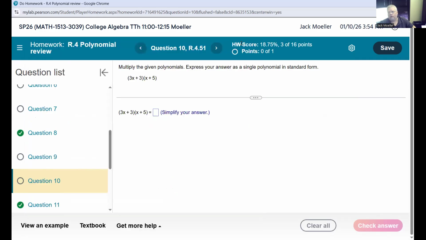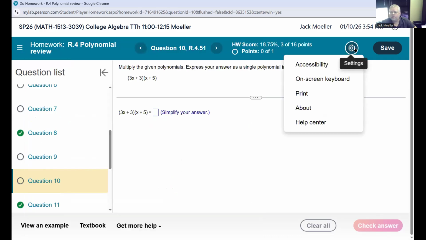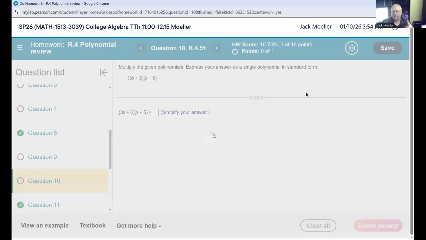Oh, the other thing on here is if you want to print this stuff off, the homework you can print off, especially if you have weak internet at home, or if you know you're going to be somewhere for a while without internet. MyMathLab is not print friendly, but let's say I want to print off homework one. I can go into the set, that gear in the upper right, hit print.